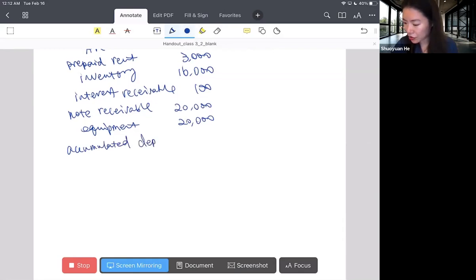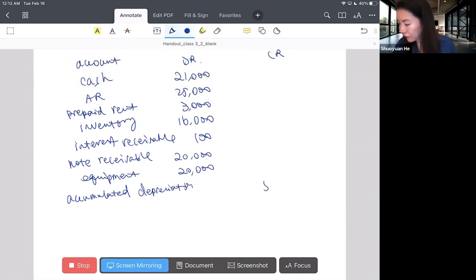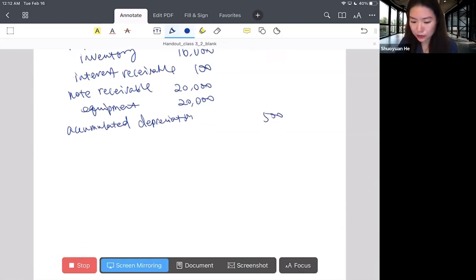Accumulated depreciation, that's 500. Accumulated depreciation is a contra account to your equipment. That's a contra asset account. So that's why the balance is on the credit side. Accounts payable, 20,000.